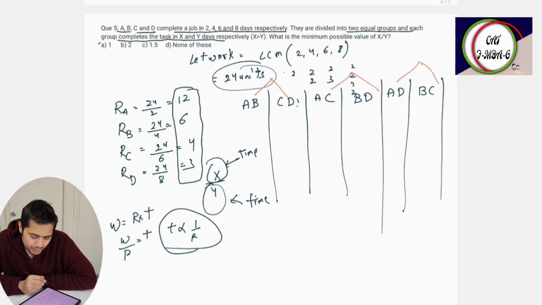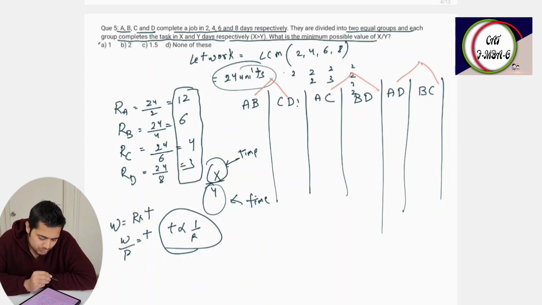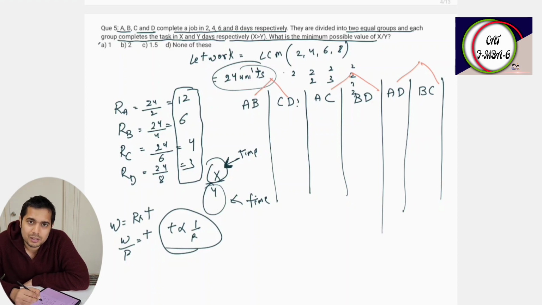Also, if we want to minimize this whole value, we have to increase the rate of X up to the maximum level, because time is inversely proportional.